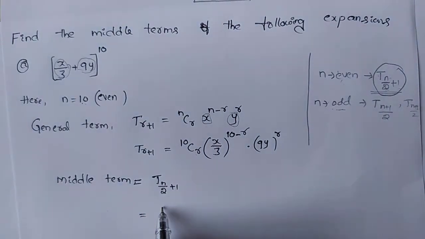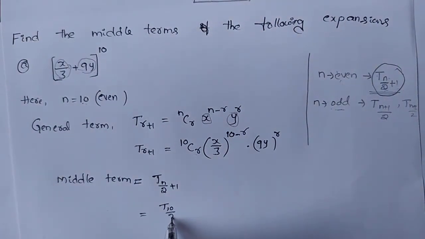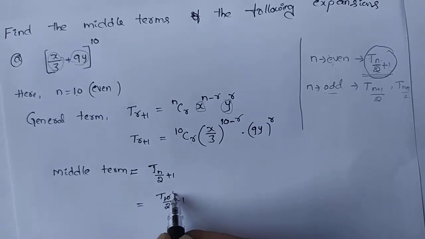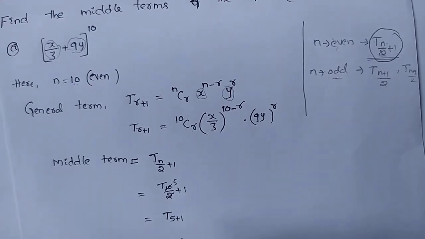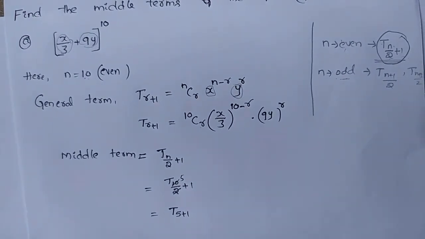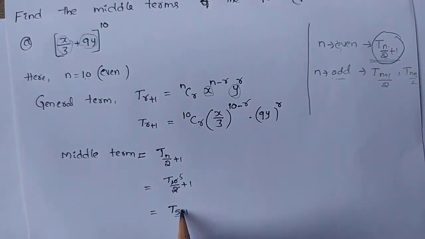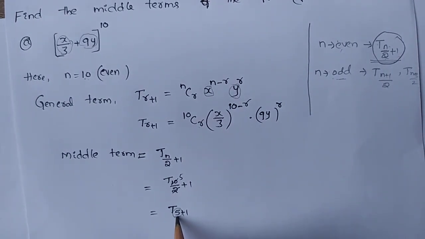So T n by 2 plus 1 is what? In place of n we have 10, that's 10 by 2 plus 1. 2 fives are 10, so that equals T 5 plus 1. Now it is in the form of T r plus 1, right?